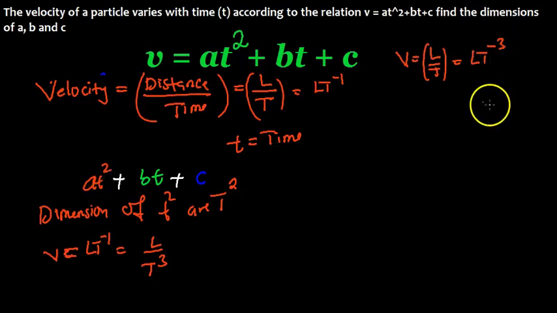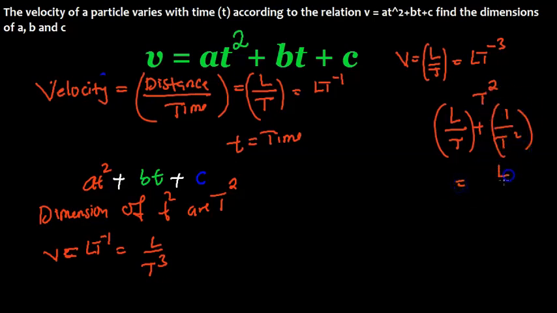In the case of AT squared, our T is already squared. So to match the dimension of velocity, A must have the dimension of L divided by T to the power of 3. And this is it for AT squared.